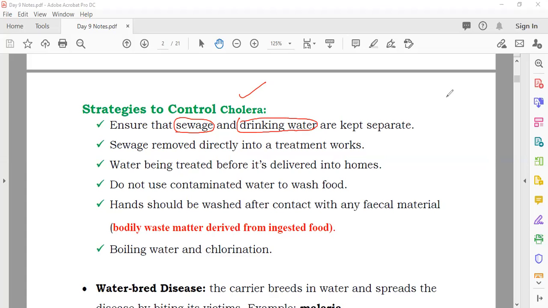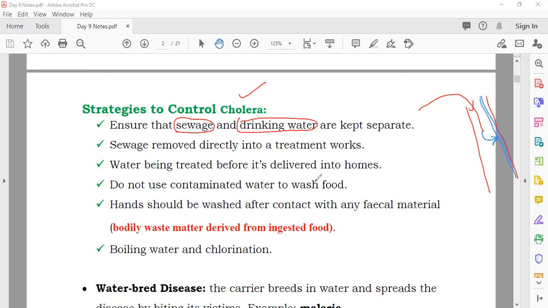You know what the issue is? Sometimes in some countries, there is a pipe system for sewage. All the sewage from homes comes into it, and the drinking water pipes also go nearby. Sometimes there is a leakage in the pipe, which can allow contaminated or polluted water to mix with the drinking water.